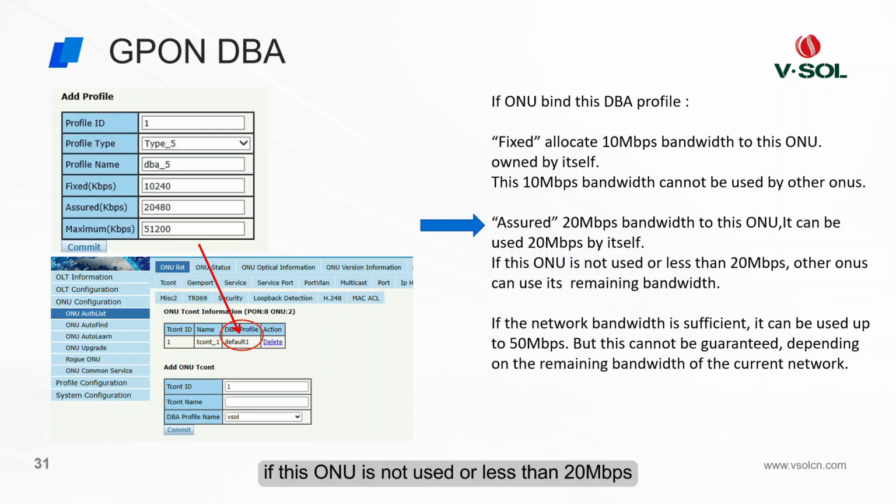If this ONU is not used or uses less than 20 Mbps, other ONUs can use its remaining bandwidth. If the network bandwidth is sufficient, it can be used up to 50 Mbps. But this cannot be guaranteed, depending on the remaining bandwidth of the current network.